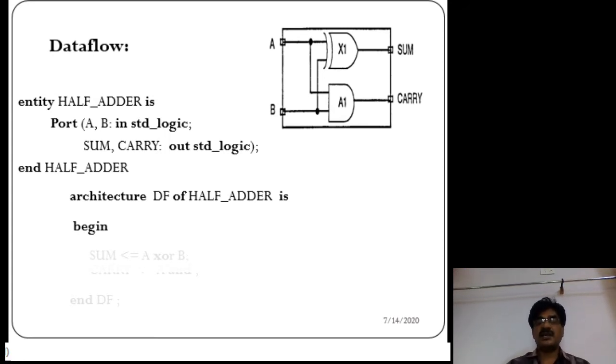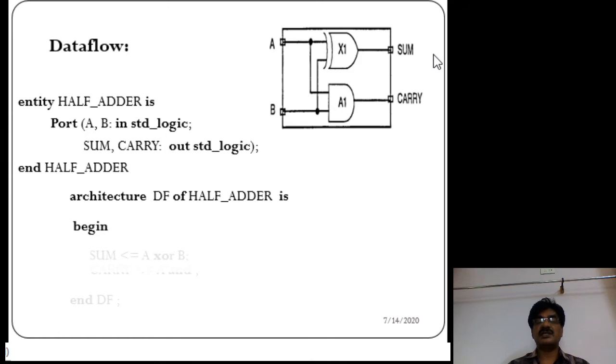In the data flow style, the type of statements are known as signal assignment statements. The appearance of a signal assignment statement is like a Boolean equation. So let us see what the Boolean equation is for sum and for carry.